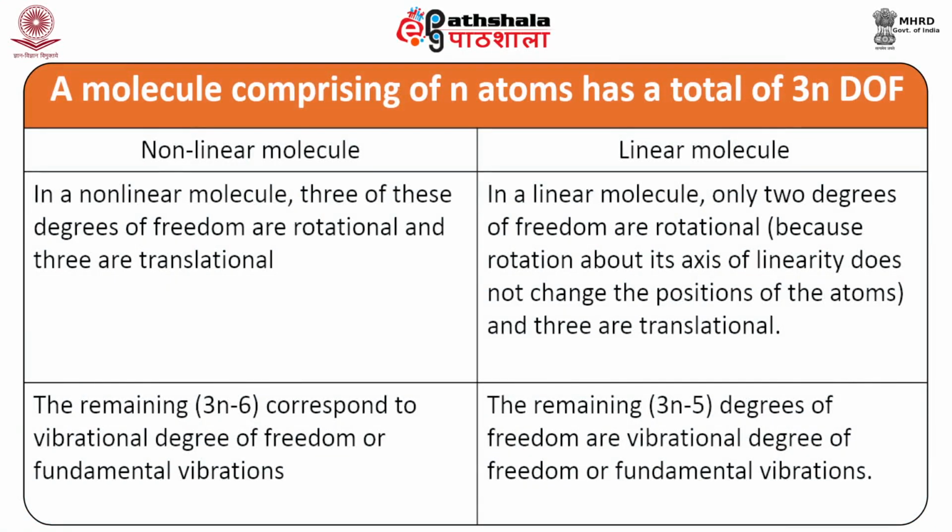The IR spectrum of a compound may show more than one vibrational absorption band. The number of these bands corresponds to the number of fundamental vibrations in the molecule, which can be calculated from the degrees of freedom of a particular molecule. Now, a molecule comprising n number of atoms has a total of 3n degrees of freedom.